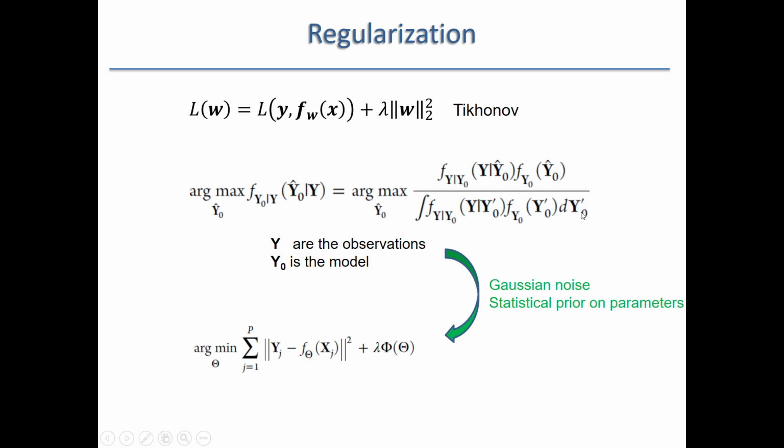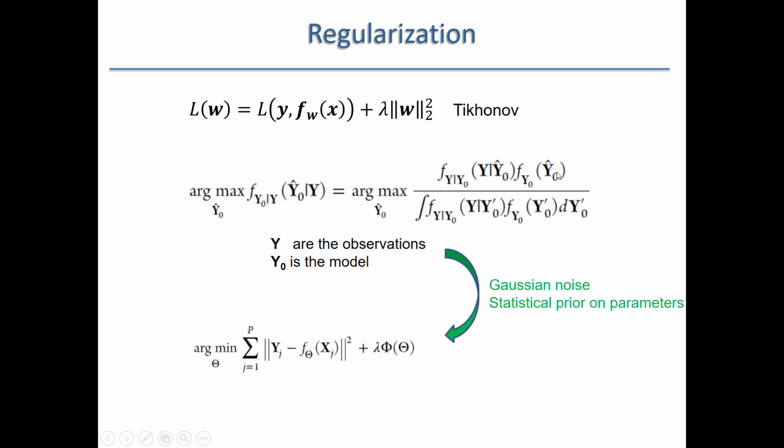If you assume that your models are Gaussianly distributed or have some particular distribution, then that distribution will show up here. This term is the likelihood of the data given the model. This is the likelihood term. So if you assume that there is Gaussian noise in the observations, then you can reduce this term to the standard least squares.